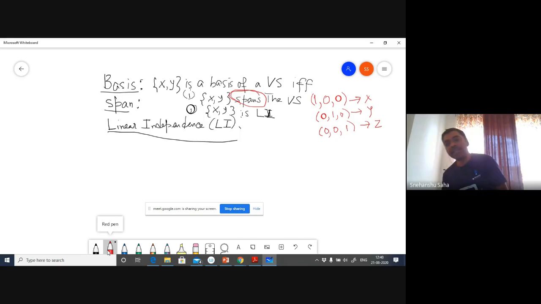Now, if I use all three vectors together, can I not walk to any point in the three-dimensional room? I can, right?